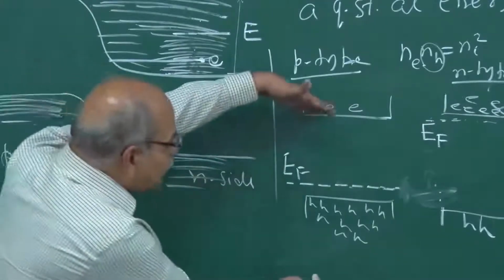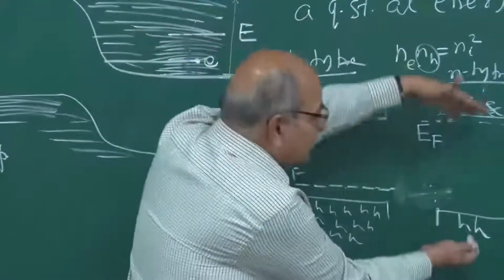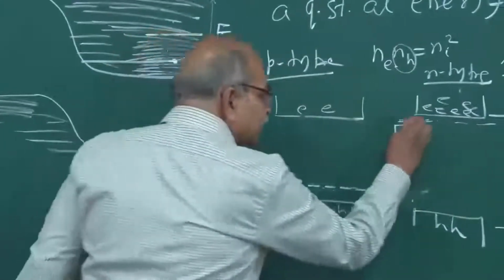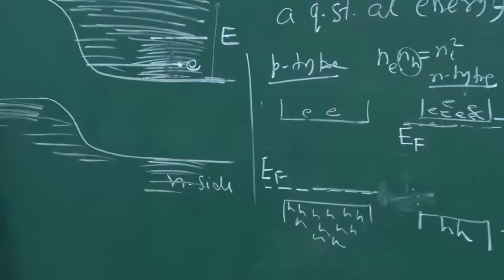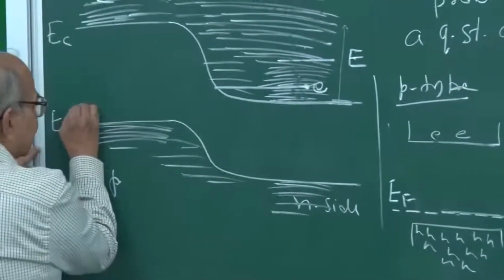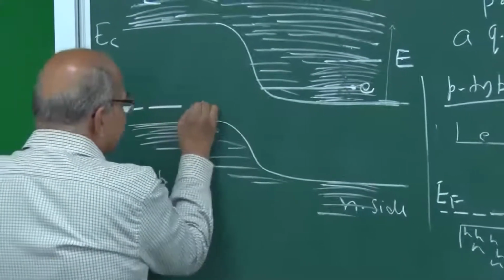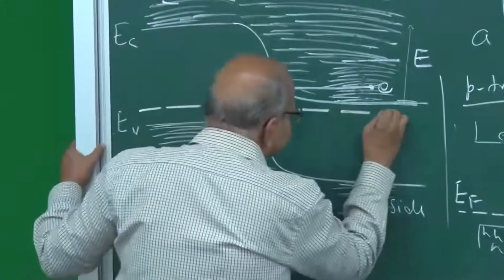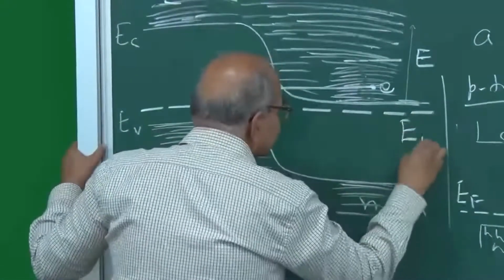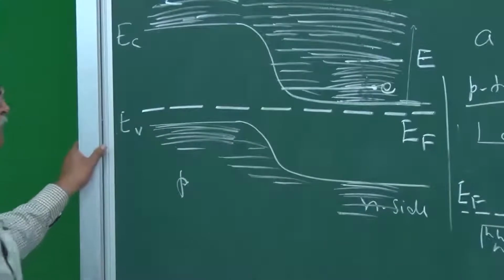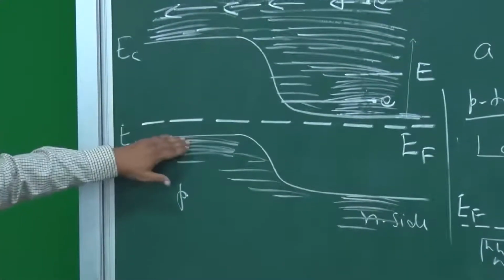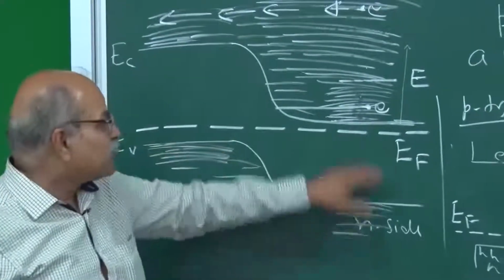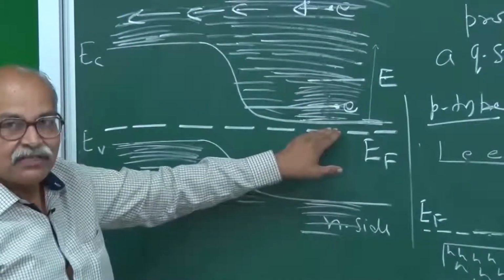So this whole thing has to be lifted, or this whole thing has to be brought down, so that this line matches with this line. In this picture we have done that. Your Fermi energy will be somewhere here. For p-type it is close to the valence band edge, for n-type it is close to the conduction band edge, and so on.